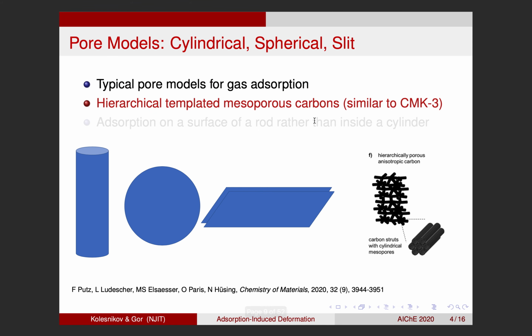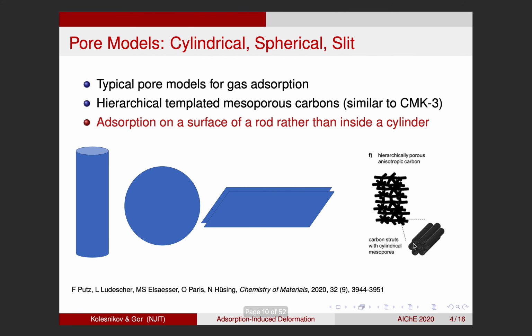However, there are many materials where the geometry of the pores clearly doesn't fit one of these three categories, and in particular the CMK3 carbons, which are templated from silica with cylindrical pores, but their pores are essentially these cylindrical rods organized in a hexagonal lattice.